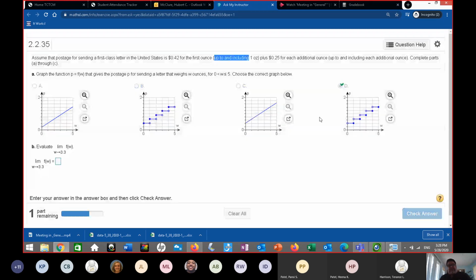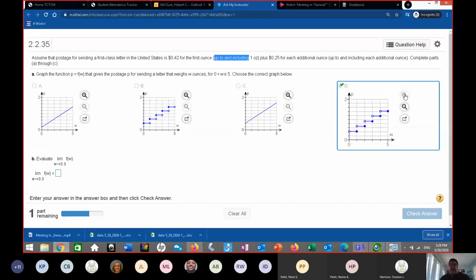Now, this could be a test question, but in general, I stay away from piecewise functions. This says, what happens when you're approaching the weight of 3.3 ounces? So I'm going to blow this up because you're going to have to blow it up. I don't like the 3.3, so there's 3.3 right here.